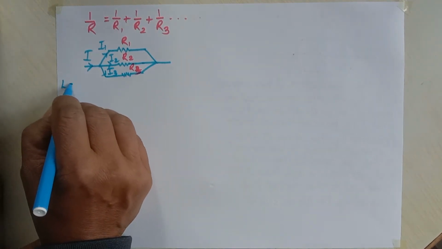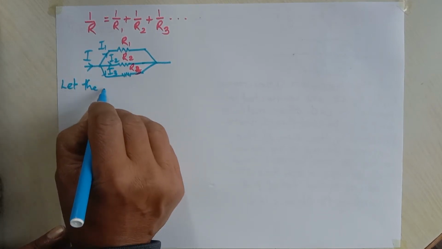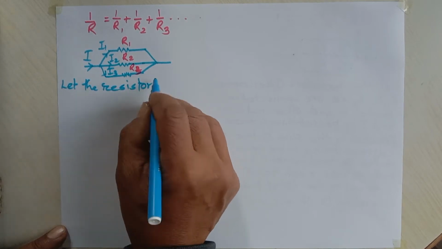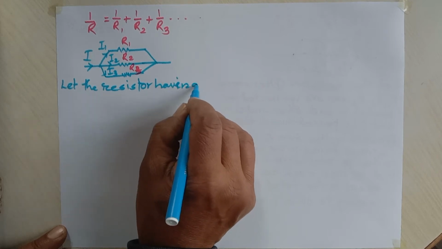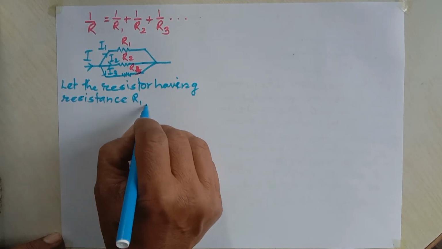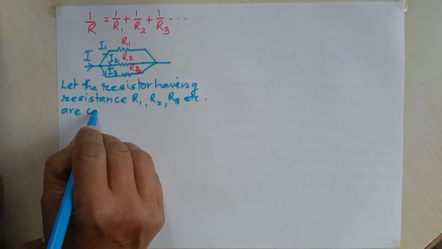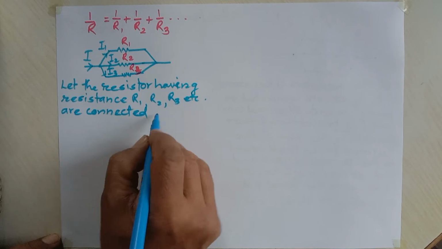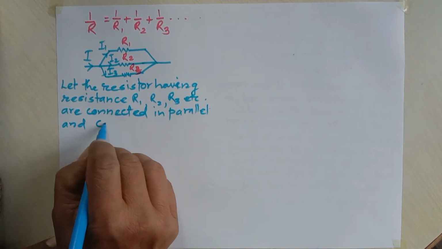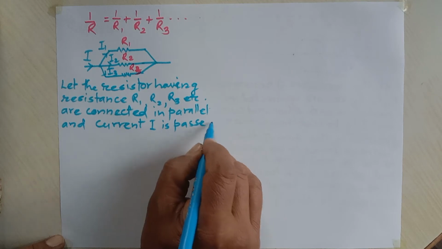Let the resistors having resistance R1, R2, R3, etc. be connected in parallel, and current I is passed through them.